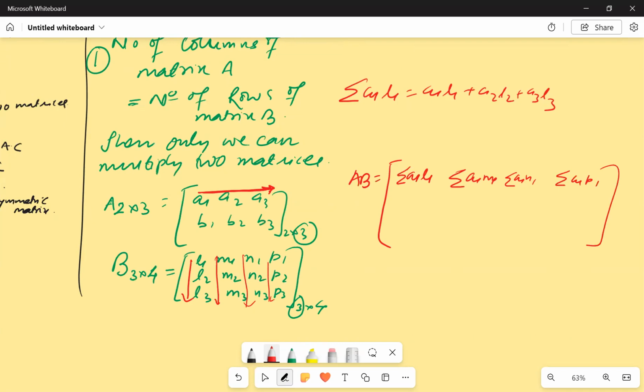Once it is done, move to the second row. Then again B1 L1, B1 M1, B1 N1, B1 P1. In this way, we get 2 rows and 4 columns.